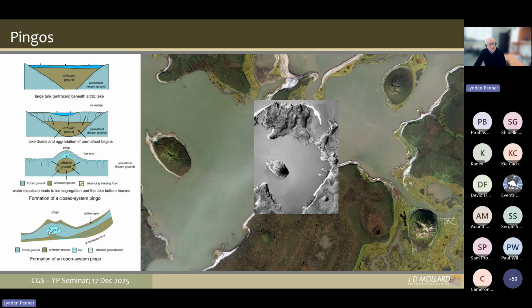Also an open system pingo where you have groundwater flow that's delivering water to the ice core that's growing over time and developing this pingo. So in this case, you can see all of these are approaching the point where the ice mound is going to become exposed as it breaks through the surface.